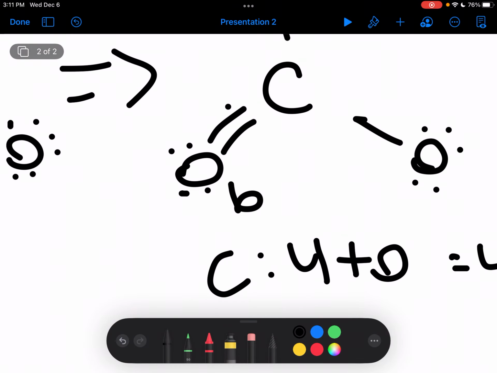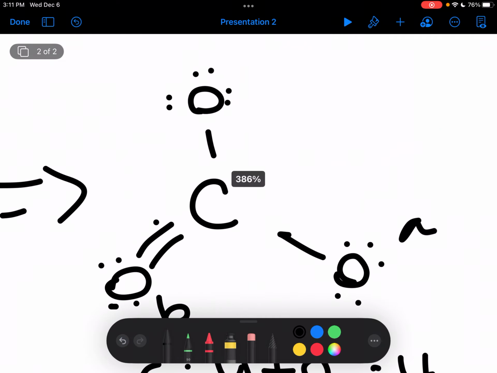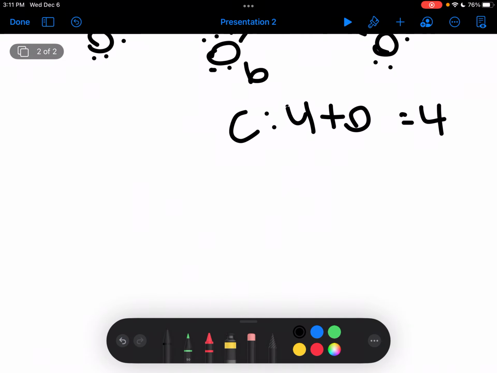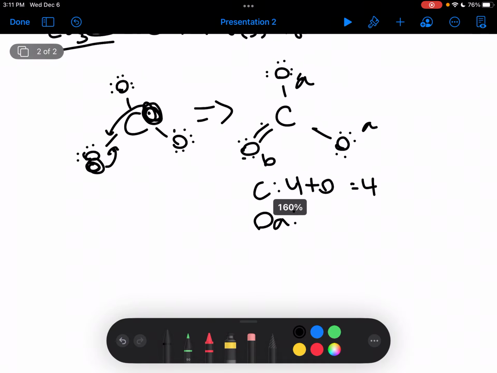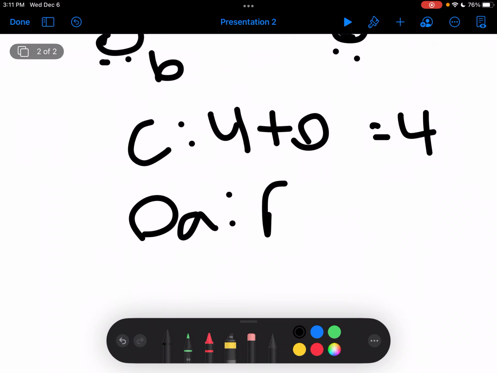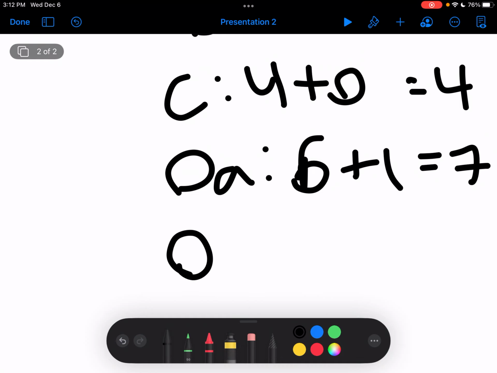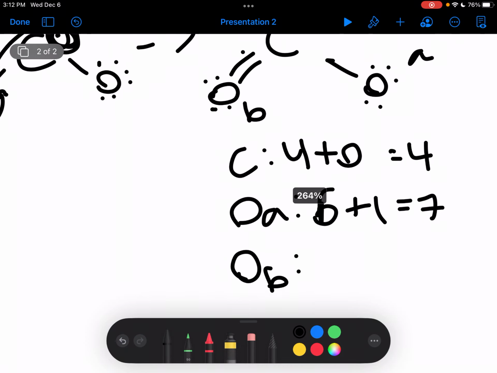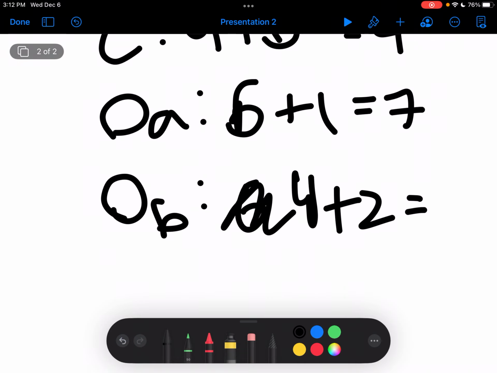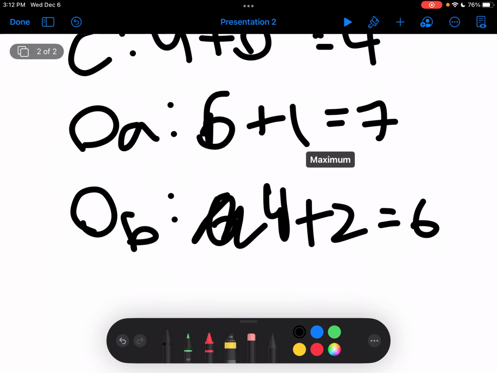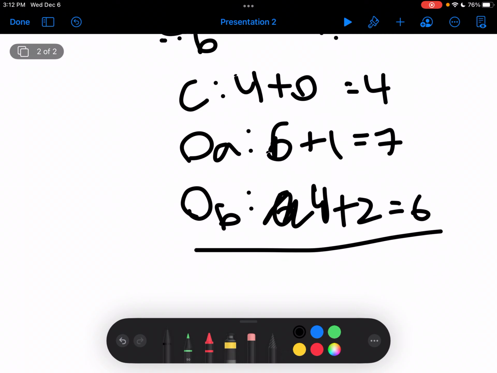This is oxygen B, we can name it, and this is oxygen A. Oxygen A, in this case, will have 6 plus 1, which equals 7. Oxygen B, in this case, will have 4 plus 2, I apologize, 4 plus 2, which equals 6. So this adds up to oxygen's valence electron rule.